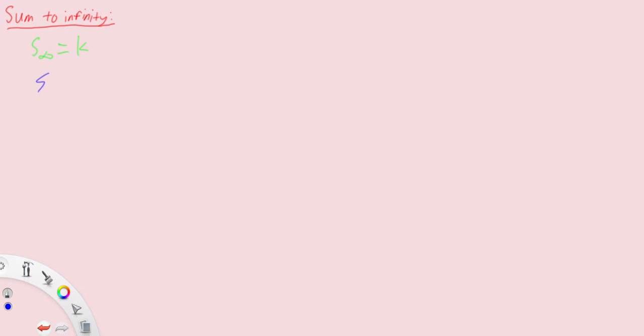So if I add one more term at the end, one more term increasing, so let's say if I added the nth term, I will add the n plus 1th term, I will still get S infinity equals k, which means only one thing: the term you added must be 0.